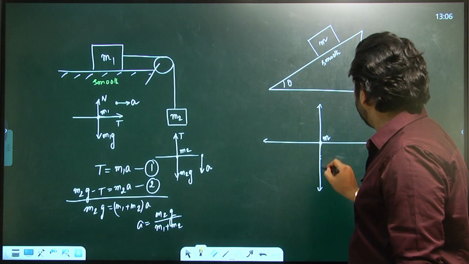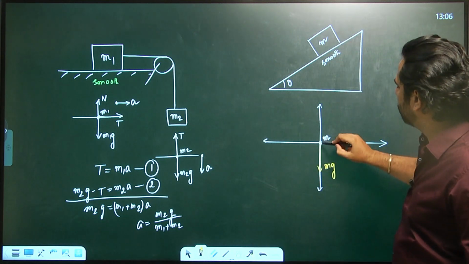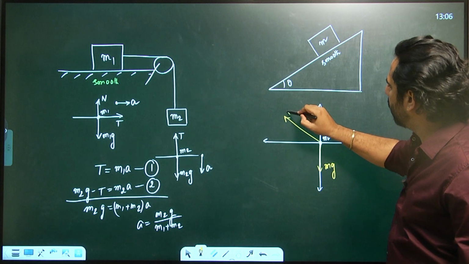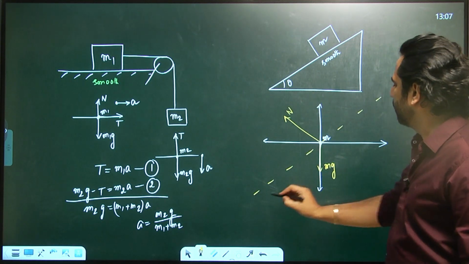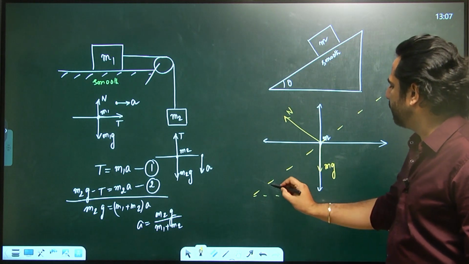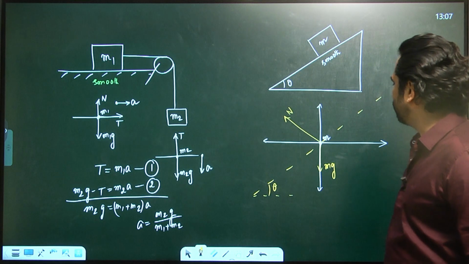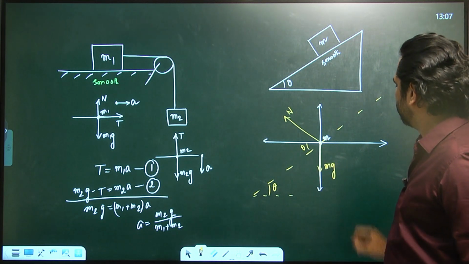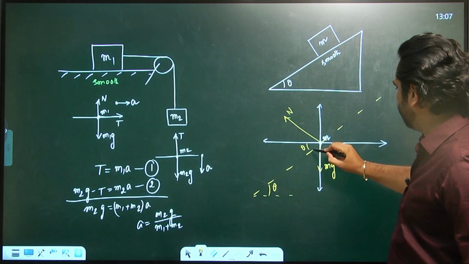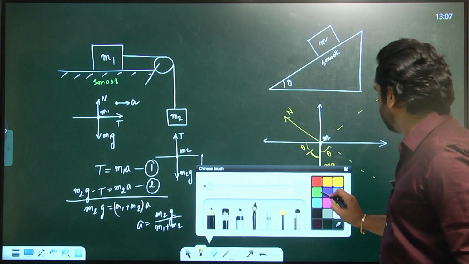The forces acting on it are mg downwards, its own weight, and it is in contact with the inclined plane, so there is normal force. So draw a dotted line of the inclined plane so that the directions of the forces will be clear. The inclined plane is making angle theta with the horizontal. So if this is theta, this would be theta, and this is 90 minus theta, and this is theta.